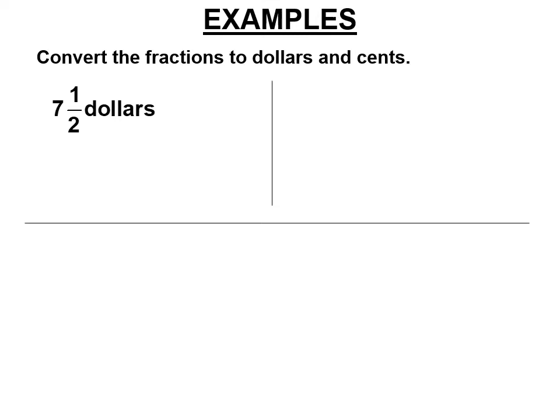Convert the fraction to dollars and cents. What is 7 1/2 dollars? Well, it's the same rule. Dollars are in hundredths, right? There are 100 cents in a dollar. So anytime we're converting to dollars, we're converting to hundredths. So 2 times 50 is 100. So it's 7 and 50/100, but we would write that as a decimal as $7.50.